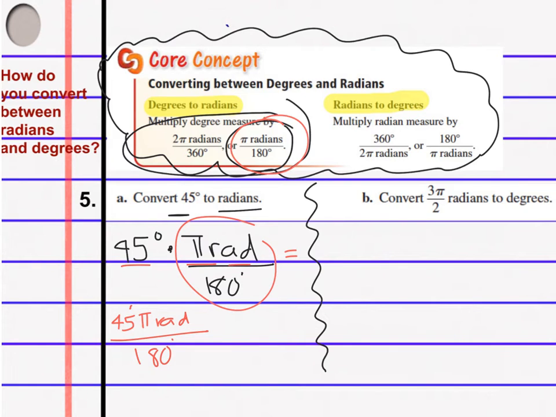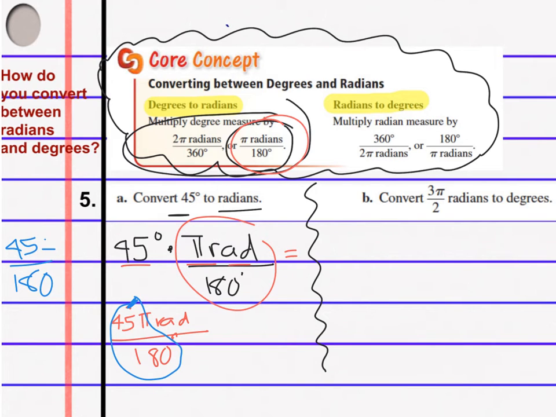So first of all, let's cancel out our degrees. And then what you need to do, and what's kind of hard for some students, now that the degrees canceled, is you need to reduce your fraction. So you have 45 over 180. You need to reduce that.